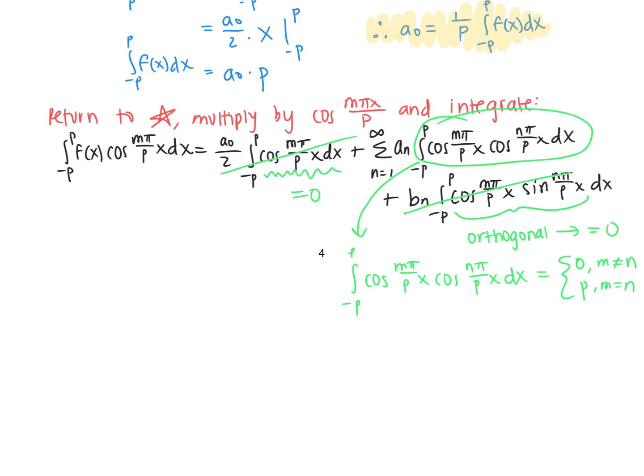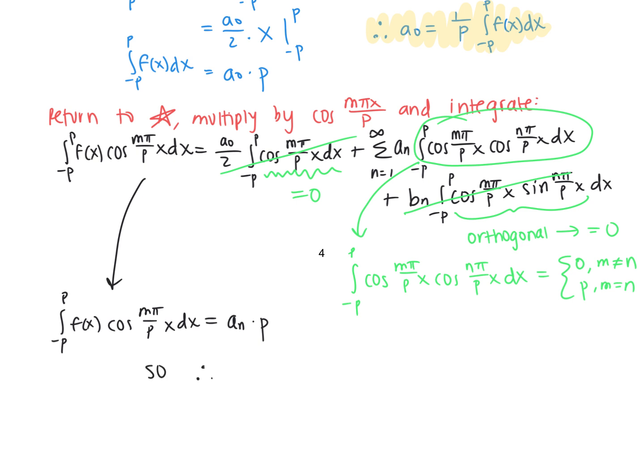So if we go back to what we have, the integral from negative p to p of f of x cosine of m pi over p x dx, that is equal to a of n multiplied by p.